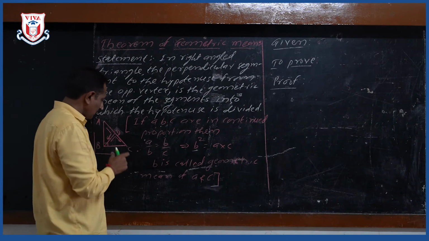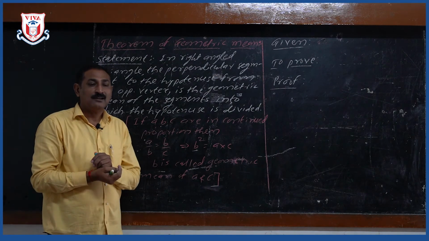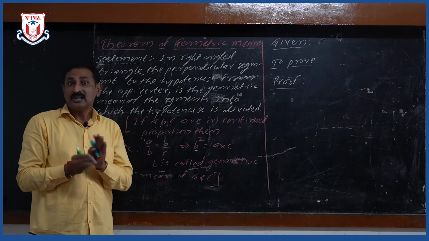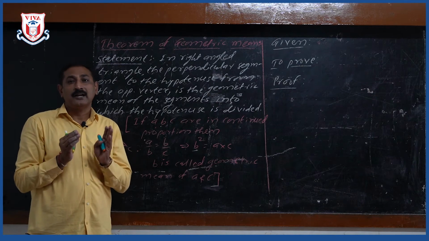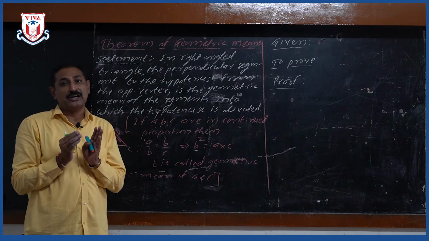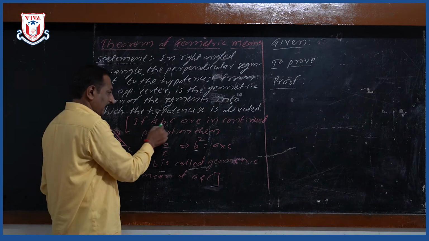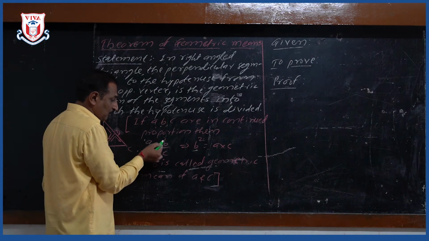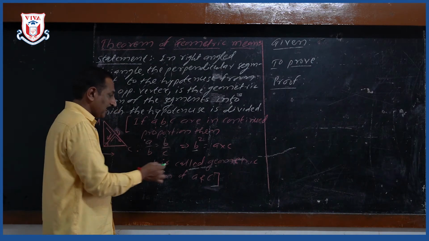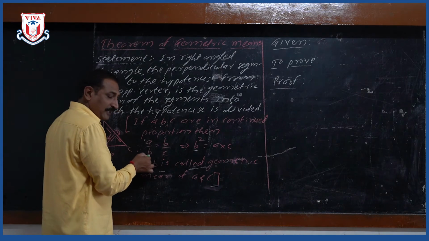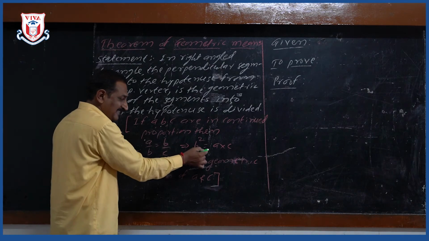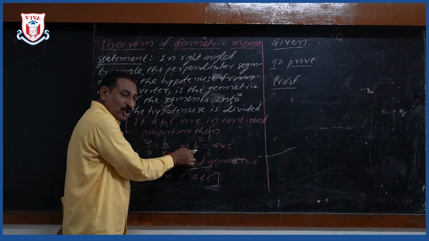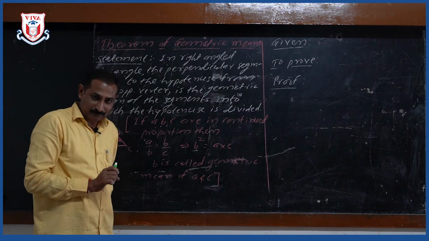Now in 9th standard mathematics part 1, ratio and proportion, you studied continued proportion. If A, B, C are in continued proportion, then A upon B is equal to B upon C, and therefore by cross multiplication B square is equal to A into C. Here B is called the geometric mean of A and C.